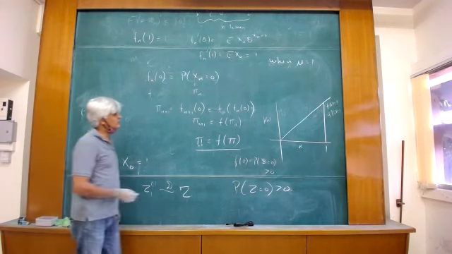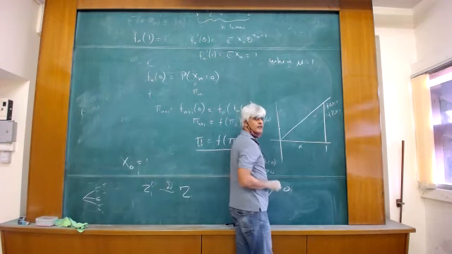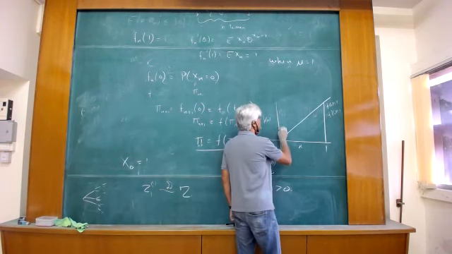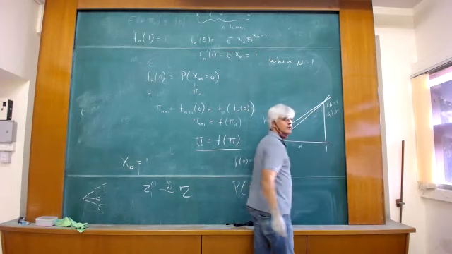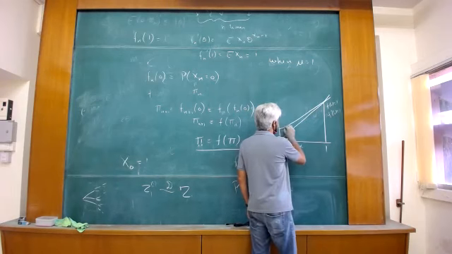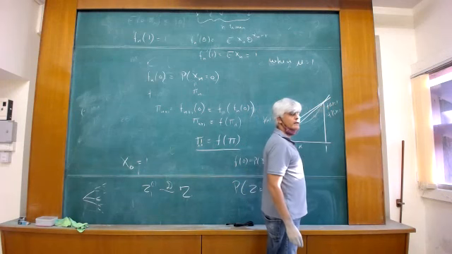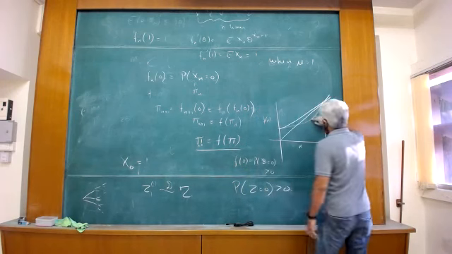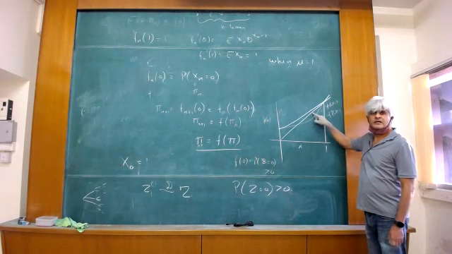So I'm looking for a convex function which starts from somewhere here, and it has to be like this. It can't be a function like this, because the slope at this point would be bigger than 45 degrees.